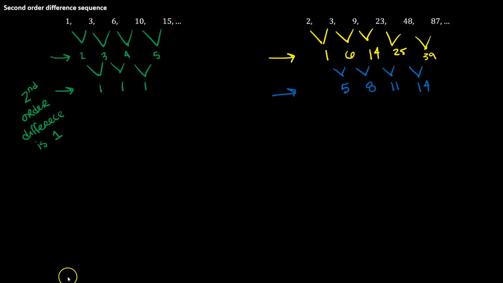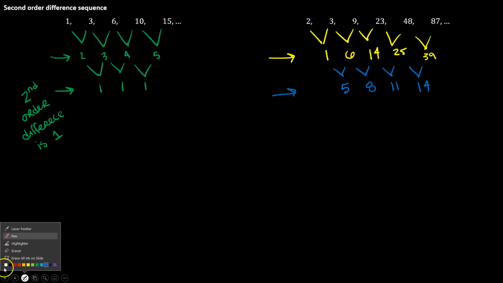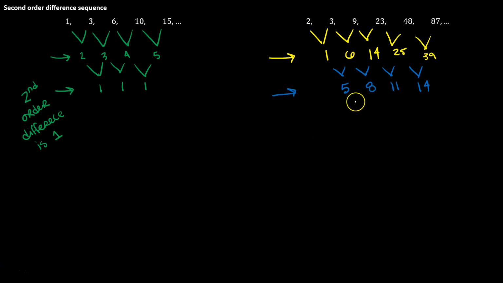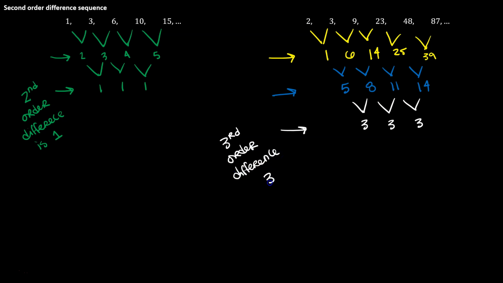Not quite sure I see a pattern yet, so I'm going to continue on with these ordered differences. 8 minus 5 is 3. 11 minus 8 is 3. Here it is. 14 minus 11 is 3. This is a third order difference, and the pattern is 3.